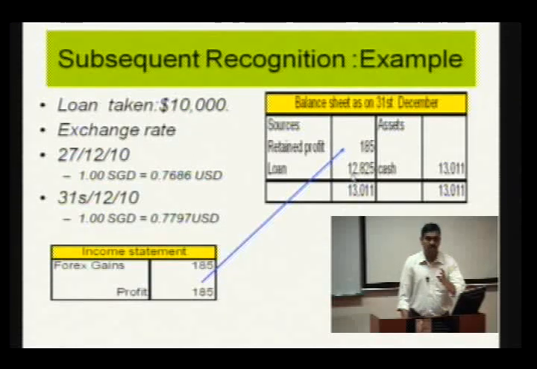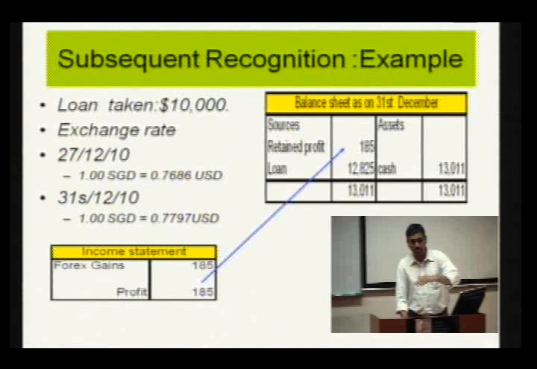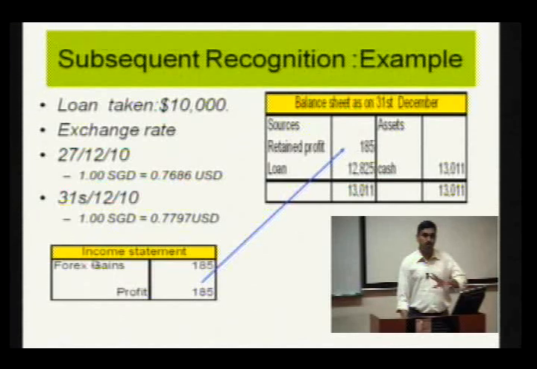The difference in the loan, which is a monetary item, is arising due to the currency fluctuation. And this currency fluctuation, which is a loss or, in this case, a profit, will be shown in the income statement. Because the loan has reduced, that gain will be shown in the income statement. In this example, I have assumed no other expenses, no other income.